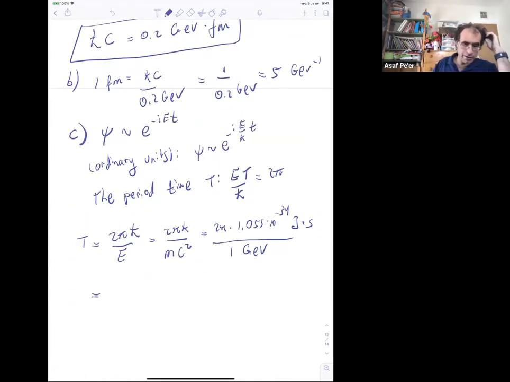So now I need to get back the conversion. It's 2 pi times 1.055 times 10 to the minus 34 joule seconds divided by 1.6 times 10 to the minus 19 joules per electron volt times 1 GeV.